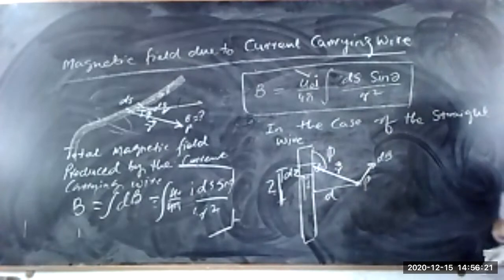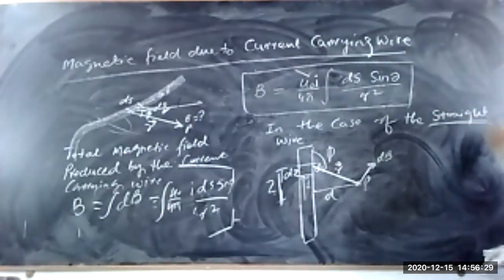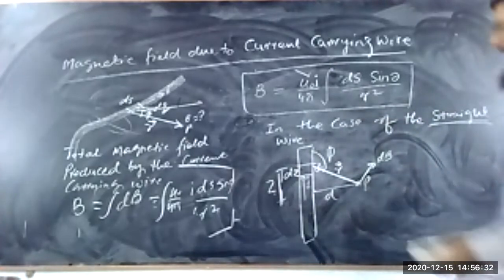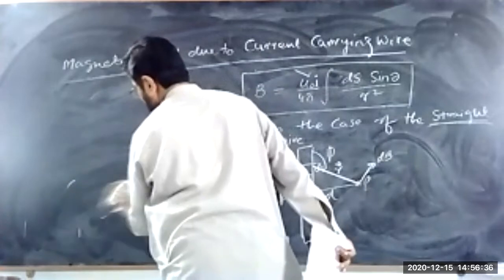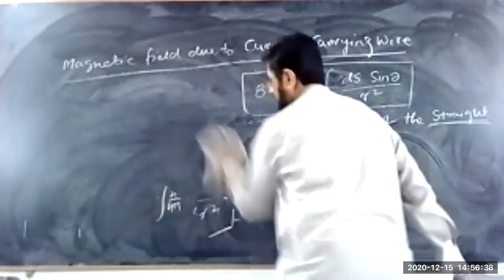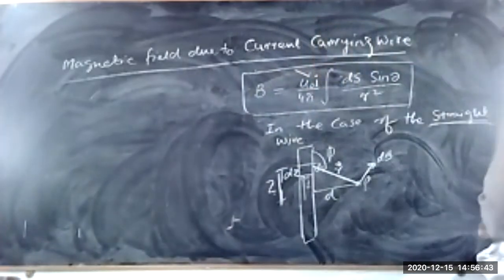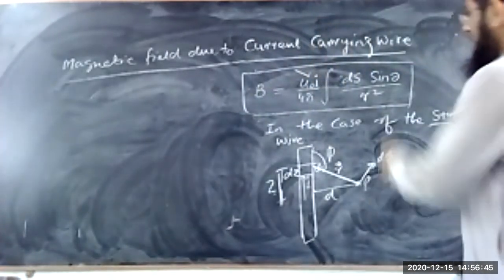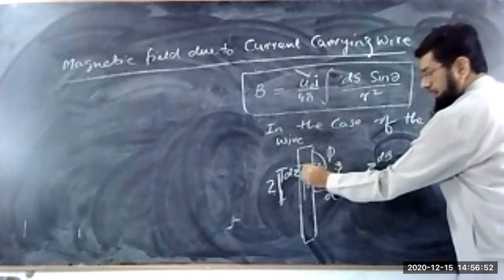Okay. So we have to look at, in the case of the straight wire, how much is the magnetic field? What is the relation of the magnetic field produced by the straight wire here? Here, in this straight wire, this is the dz or ds.